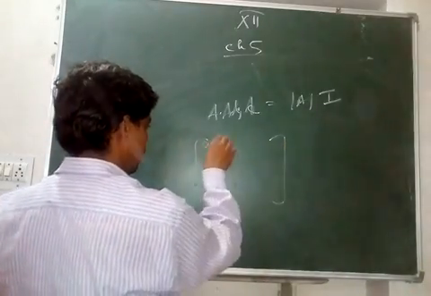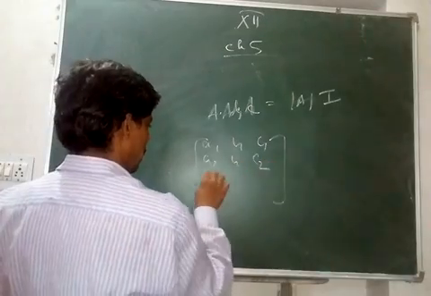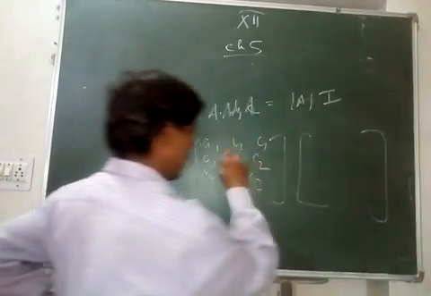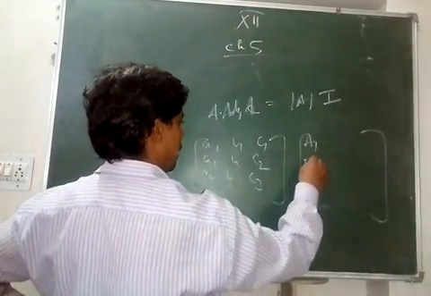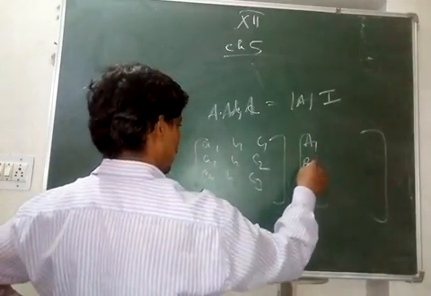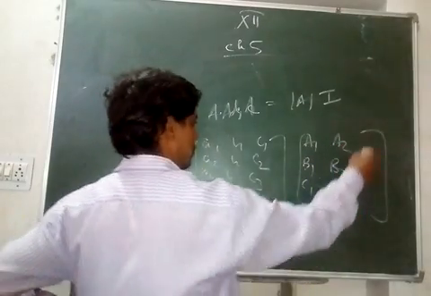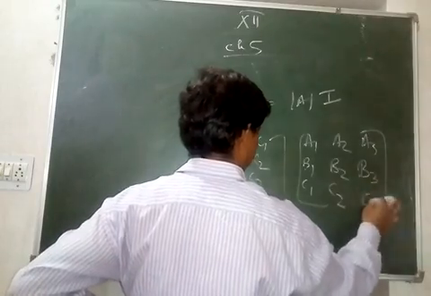If we have A1 B1 C1, A2 B2 C2, A3 B3 C3, and adjoint A, we will write like this: capital A1, which are the cofactors, A1 B1 C1, A2 B2 C2, A3 B3 C3.